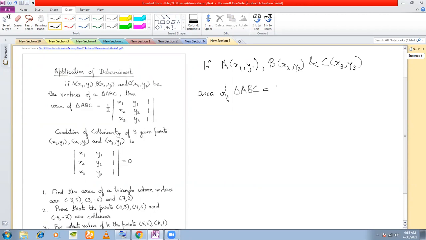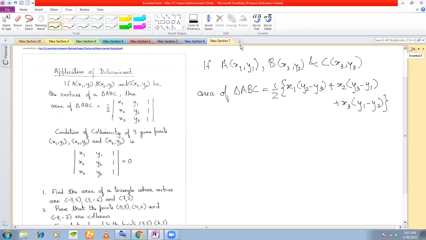If you remember, half x1 into y2 minus y3, isn't it? This is the way I told you, plus x2 into y3 minus y1, plus x3 into y1 minus y2, isn't it? This is what I told you.